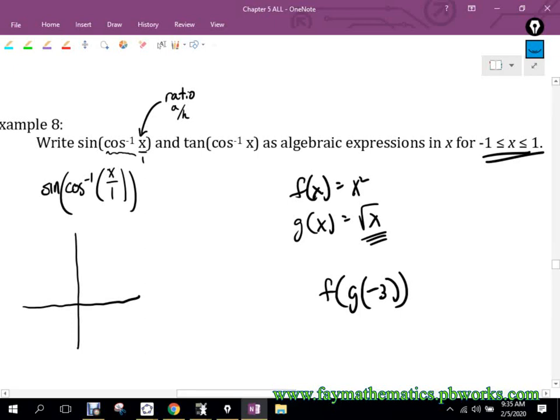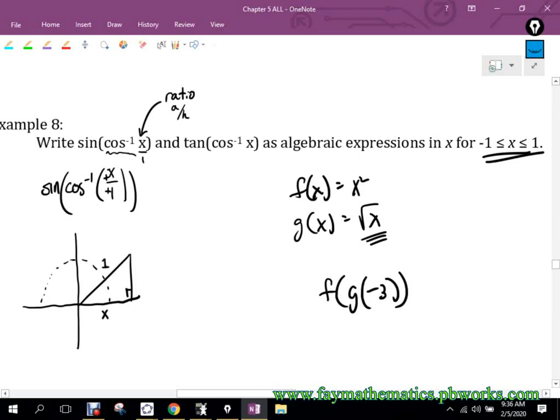All right, so it's given me this picture where the adjacent side is a positive number, and the hypotenuse is a positive number. Remember, cosine inverse is only going to give you stuff out of those two quadrants. So in order for it to be positive, I know I have to be in quadrant 1, right? Okay. So the adjacent side is x. The hypotenuse is 1, right?